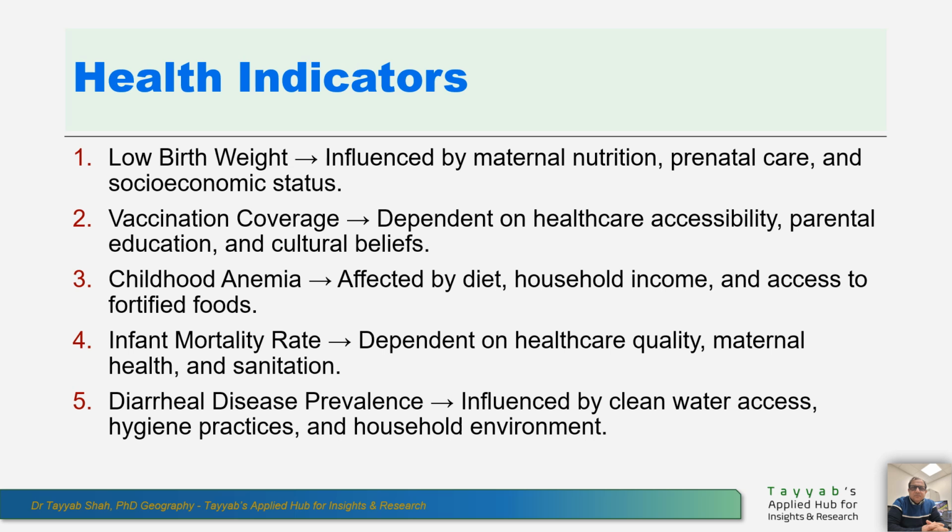Infant mortality rate, or waterborne, water-related diseases could also be possible. So these are the different areas which, if somebody is interested to do some research on health indicators, you can find in the multiple indicator cluster survey.